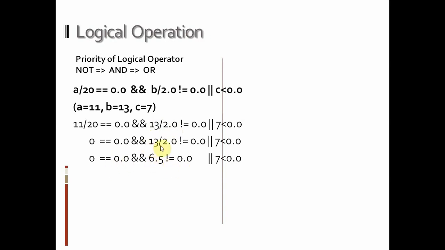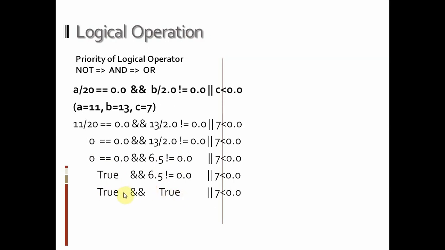Now both higher priority division operators have been solved. Now we have to solve equals to, not equals to and lesser than. So first of all, we will solve the AND operation. In the AND operation, here 0.0 equals 0.0 condition is true and 6.5 not equals 0 condition is also true.